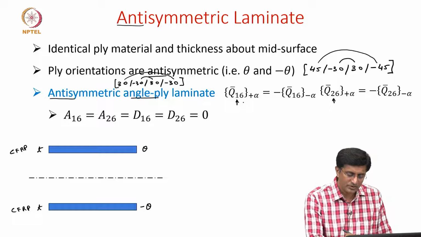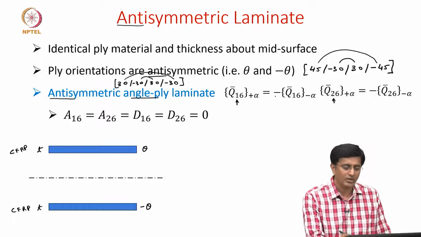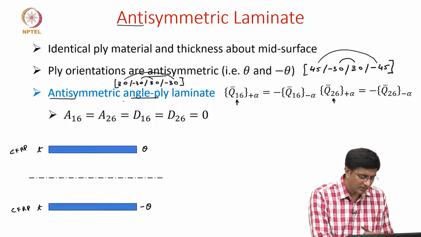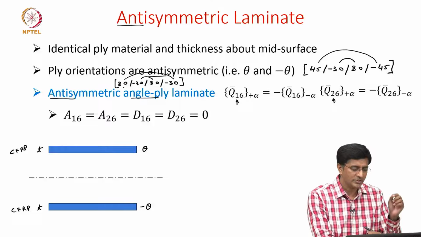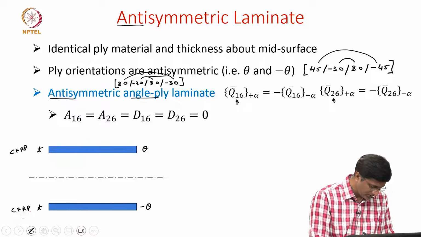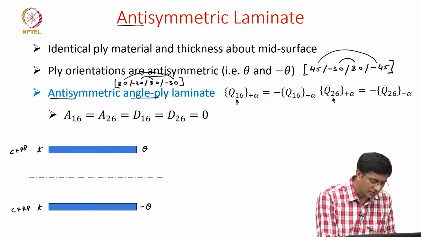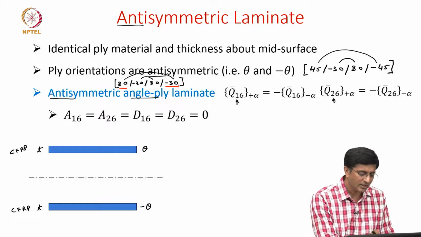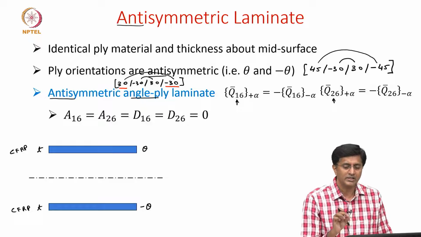Because of this change in sign, let's discuss this example again, with the first layer at plus 30. Let's focus on the first layer and the last layer. The thicknesses are the same.